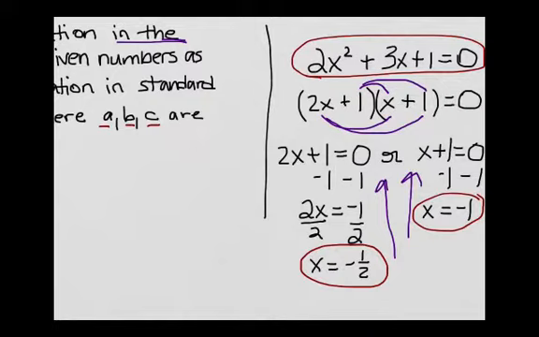Our first step then would be to multiply both sides by 2, so that we would get back to 2x is equal to negative 1. And then we would add 1 to both sides so that we could get back to the place where we were at 2x plus 1 is equal to 0. And then we could take our two binomials and multiply them together.